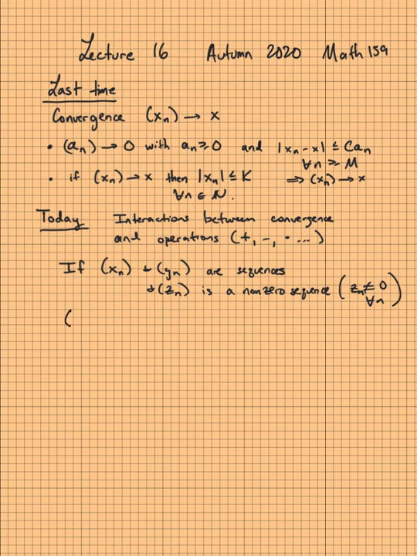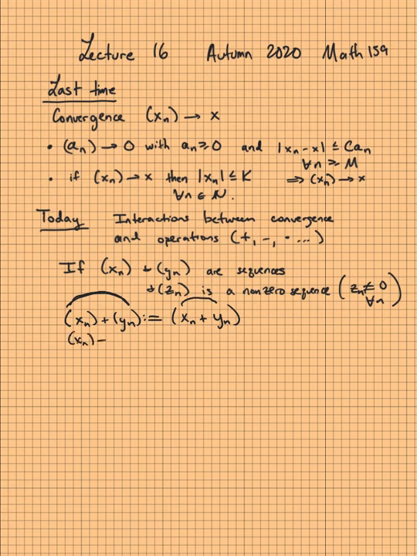I can say the sequence xn plus yn is defined as just the sequence where you add the terms. So over here I have a new sequence, and this is how it's defined.